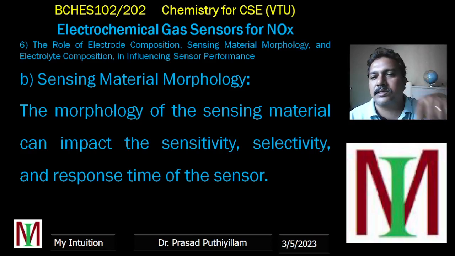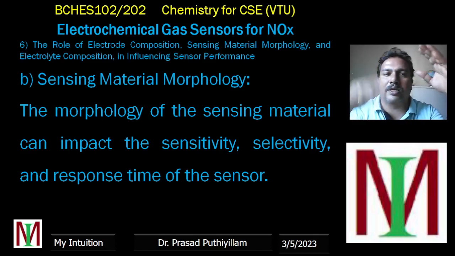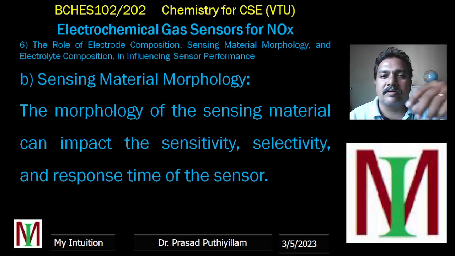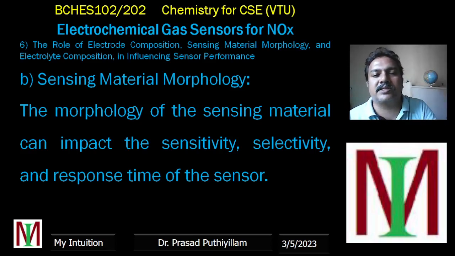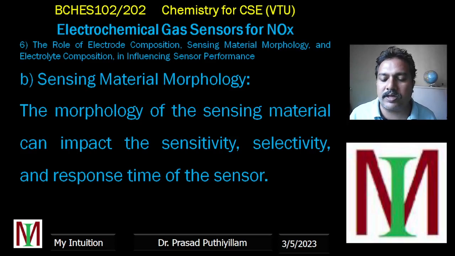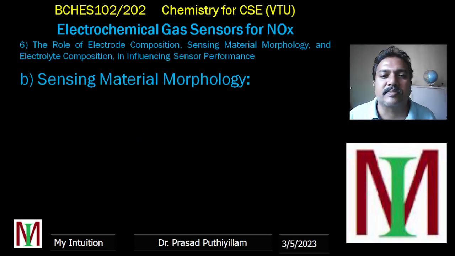Just like if you want to play cricket, we need a playground, not a hilly area. For oxides of nitrogen, if the morphology is not good, it cannot play properly. The reaction may not happen in a fast mode. Therefore, it affects the response time of the sensor.